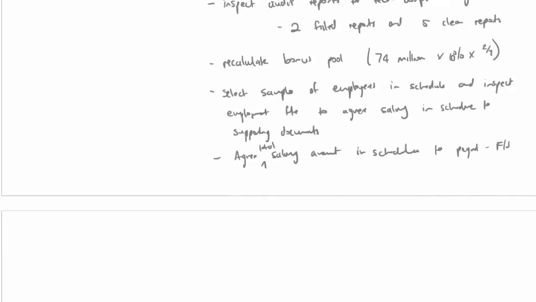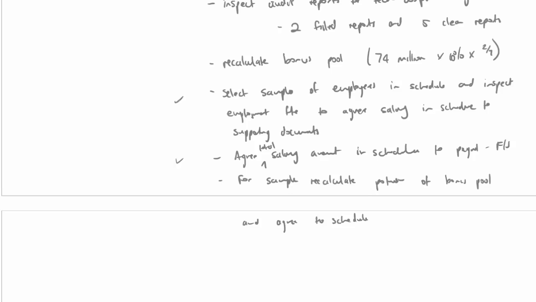Okay, then for my individuals that I've selected a sample for, so for my sample, recalculate the portion of the bonus pool and agree to the schedule. And I can recalculate it now because I've checked that their salary is correct.